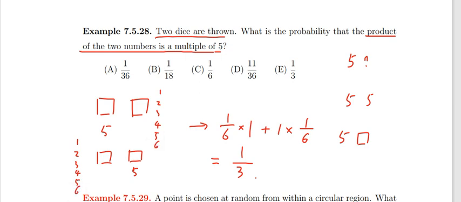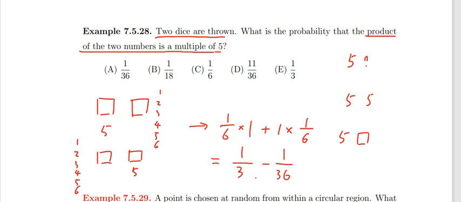But we find the case 5, 5, the first one 5 and the second one 5, we count this twice, right? So we need to manage this case.